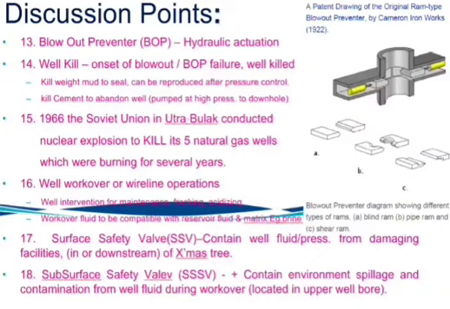Then there is permanent killing, whereby we kill the well with cement to abandon the well, and this is done at very high pressure whereby cement is pumped downhole. Another very effective example of well killing was carried out in 1966 by the Soviet Union in Urta Bulak, whereby they conducted nuclear explosions to kill 5 natural gas wells which were burning for several years. A video for this is also available on YouTube.